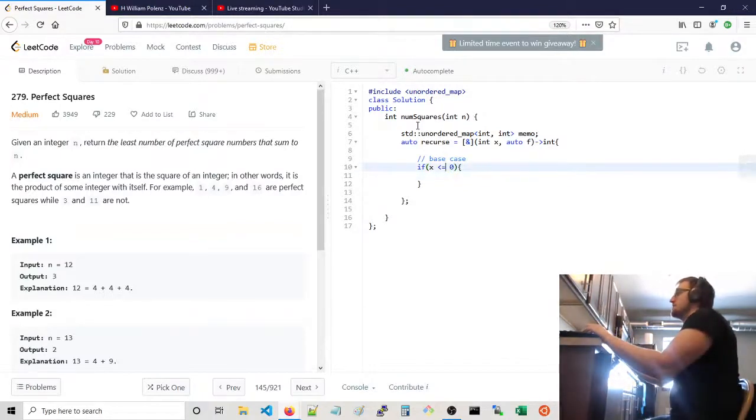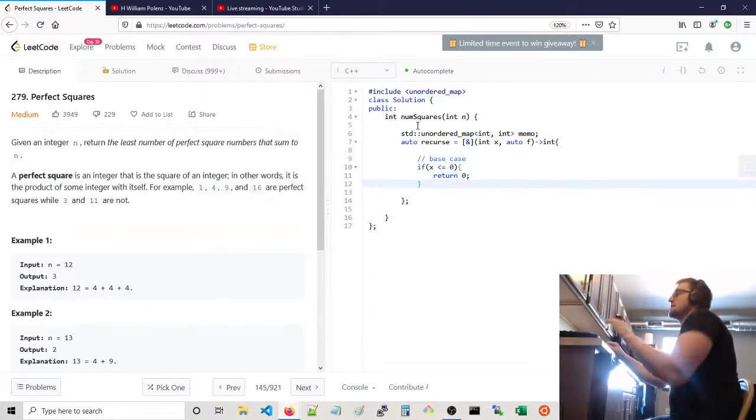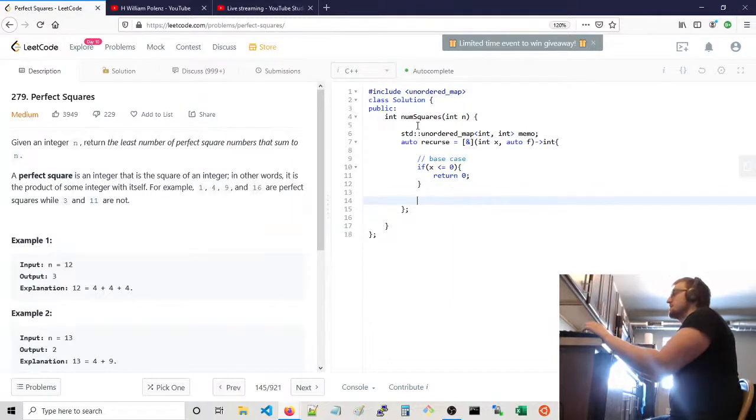If x equals 0, you actually shouldn't really use this base case. It really should be, we'll just do 0. It gets a little confusing. We'll just say that's the base case.